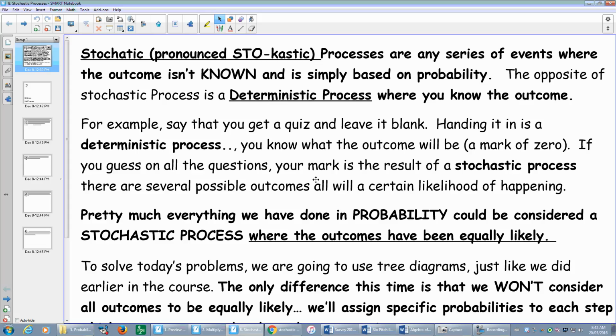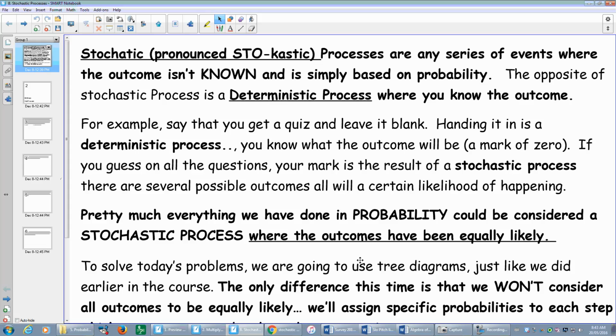So it says if you guess on all the questions, your mark is the result of a stochastic process. There are several possible outcomes, and there's a likelihood of each happening.